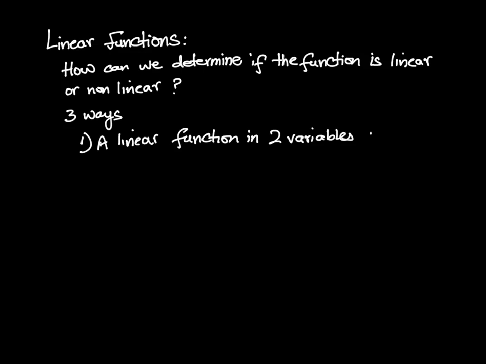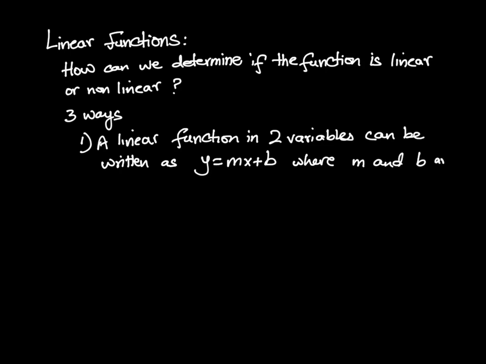A linear function in two variables can be written in the form y equal to mx plus b, where m and b are constants. The second way we know that is that the graph of a linear function is going to be a line.